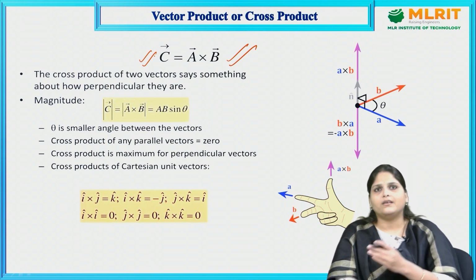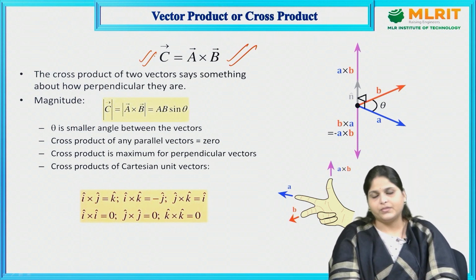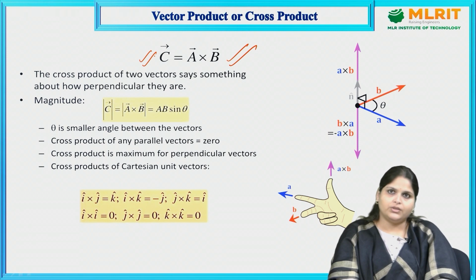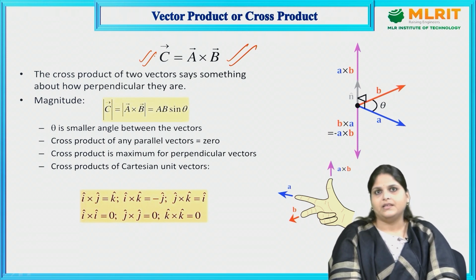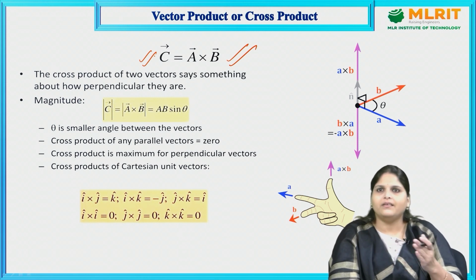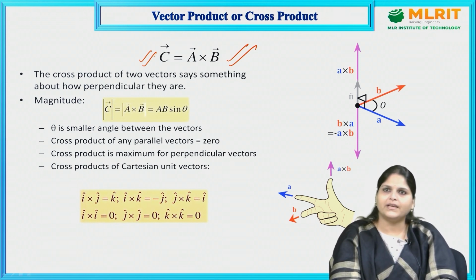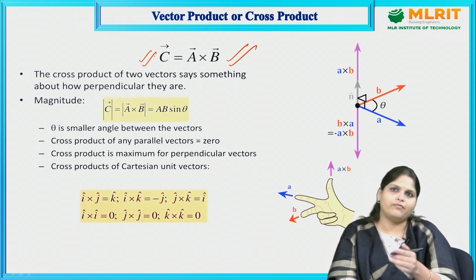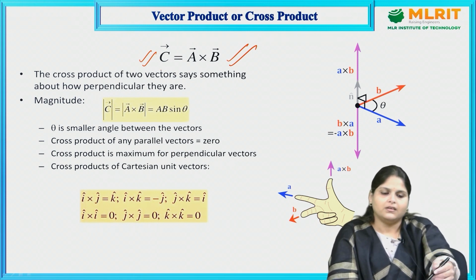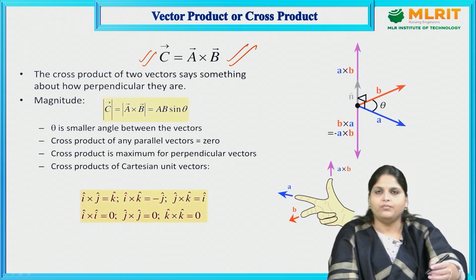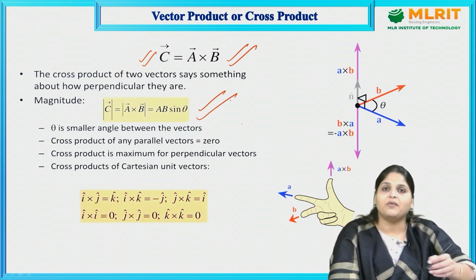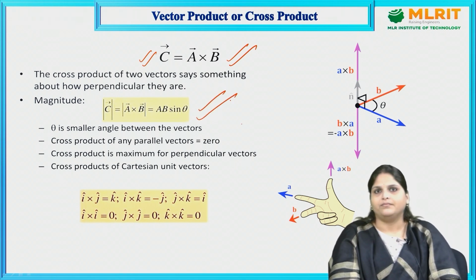So basically, what is cross product? The cross product of any two vectors says something about how perpendicular they are to each other, right? So when we write it in the form of a formula, it becomes mod of C is equal to mod of A cross B, which is ultimately given by AB sine theta, right?